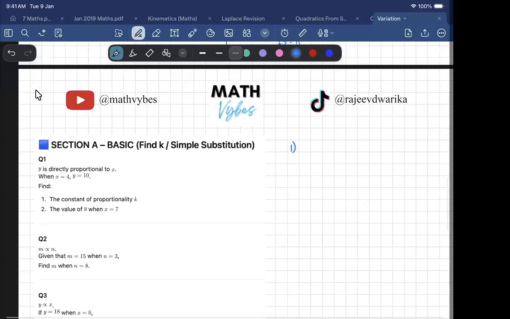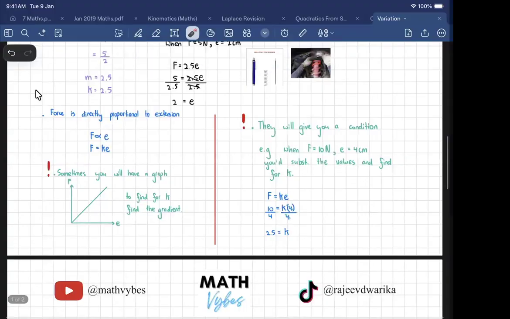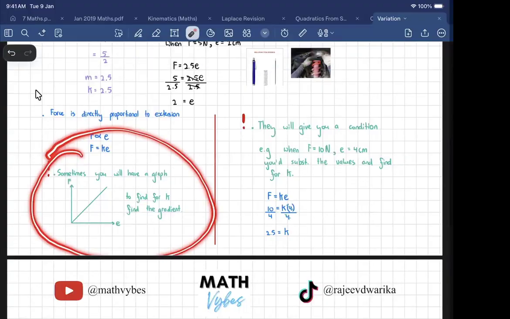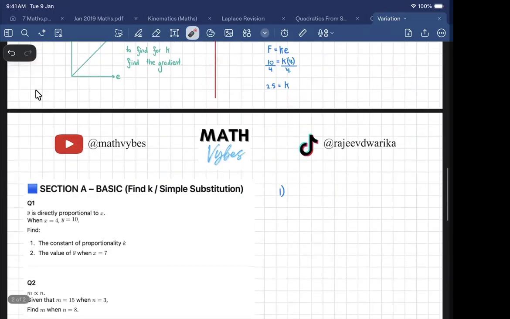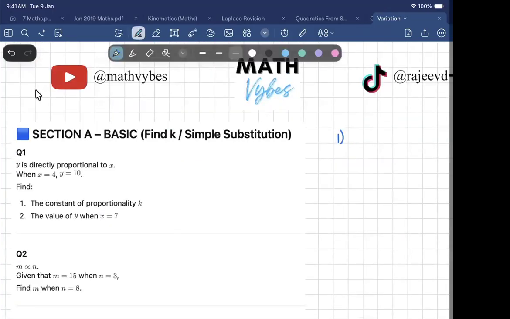Right, so first things first, which kind of situation is this? Is it the situation where they give you the graph, or is it a situation where they give you a condition? The condition. Yeah, it's a condition. First thing we have to do, right, Ria? We need to convert the statement into a mathematical expression. So I would say that y is what?